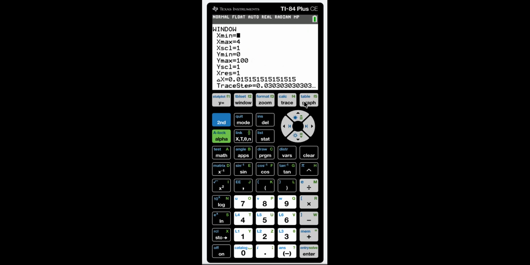So if I go to the graph then, I want to check to see if this is a good picture, to see if I can see that maximum, and I can. The maximum is on the screen. So 100 was a good window to start with. To find that maximum value, I'm going to go to the Calc menu, so second, trace, and then the fourth option down is maximum.